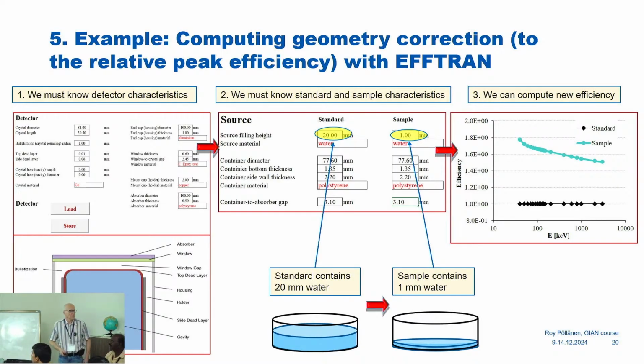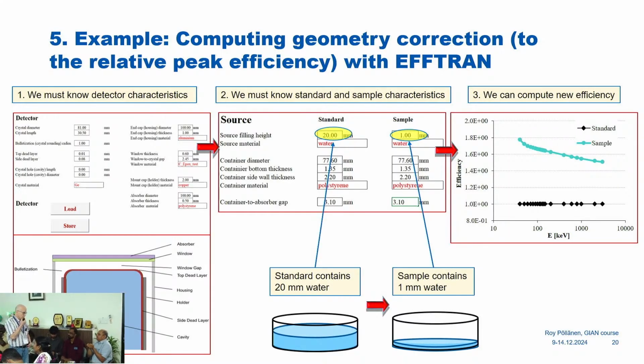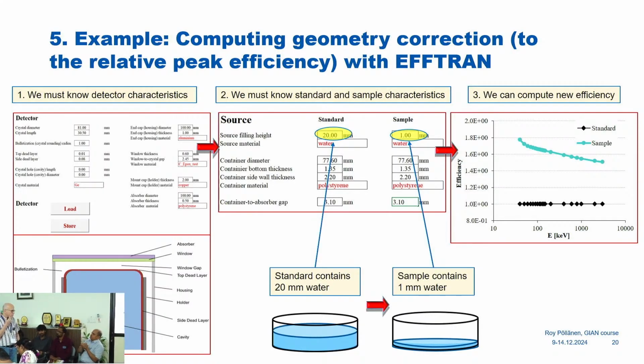I have one question. You have a composite carbon entrance window. Do you keep the sample right on the window, or do you keep a support over that?